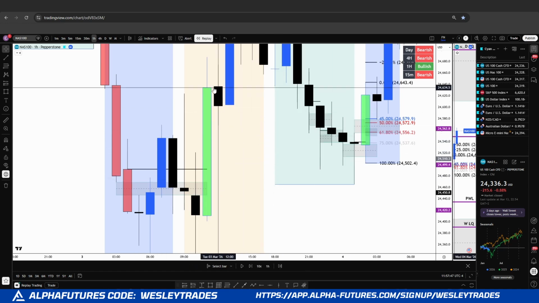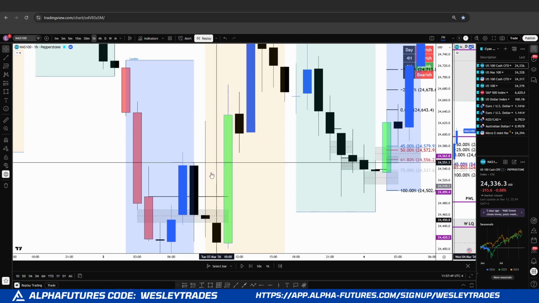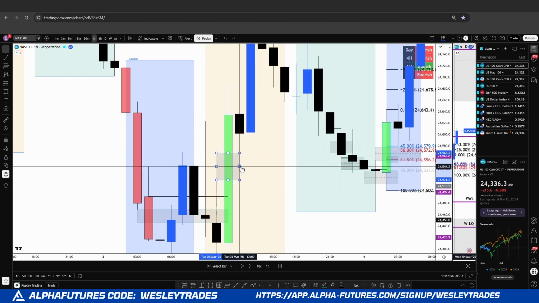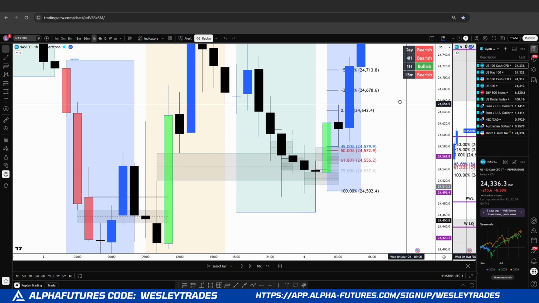And here we were completely bullish on the 1 hour time frame for this brief period of time before price went down again, and we were still bullish. Why are we still bullish? Because we have respected this bullish 1 hour fair value gap formation.